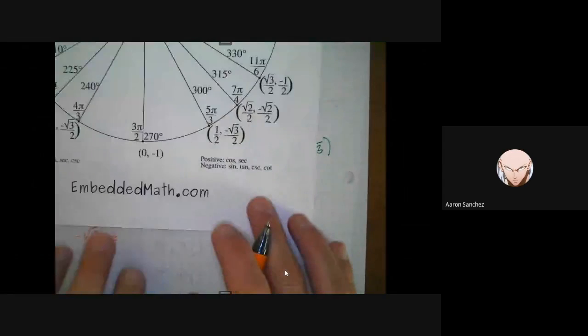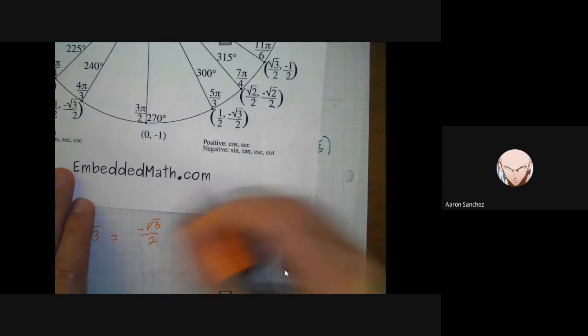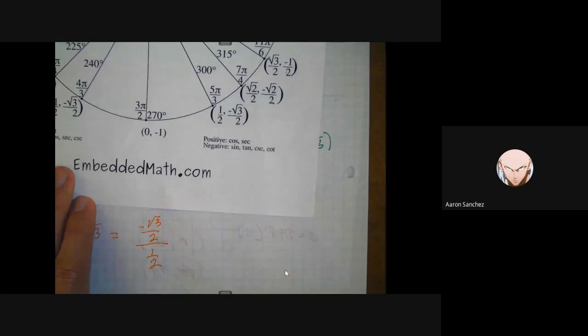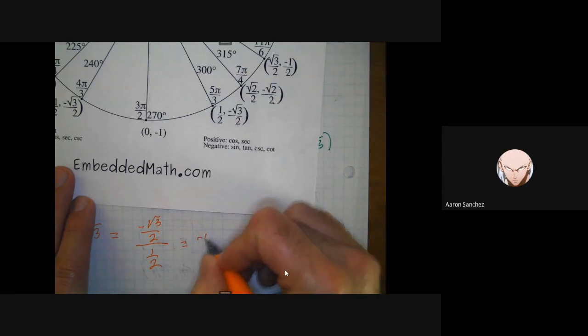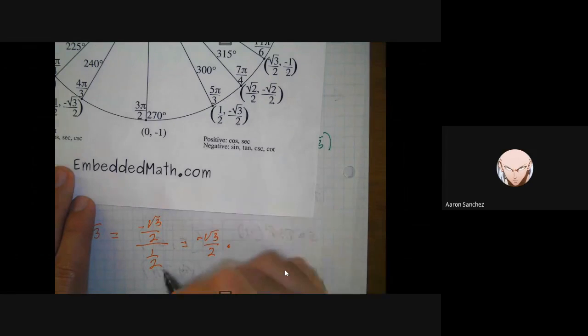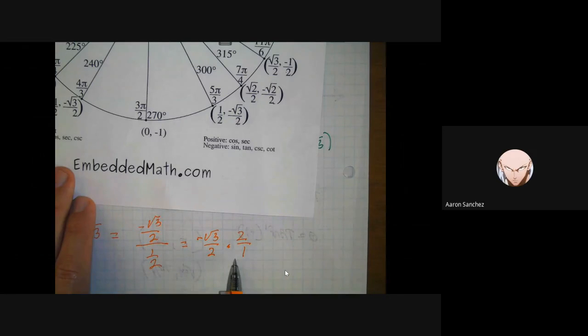Can you see both of them? Yeah. I go negative root 3 over 2 divided by 1/2. That's like saying negative root 3 over 2 times you flip this, 2 over 1, multiplying by the reciprocal.